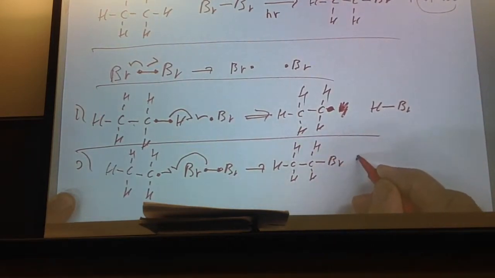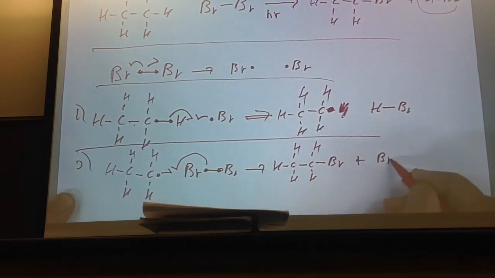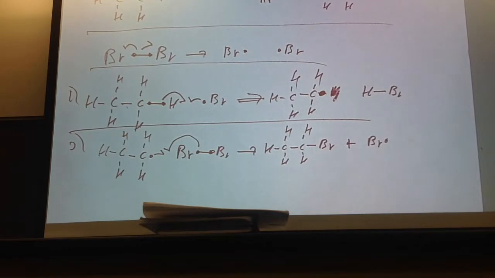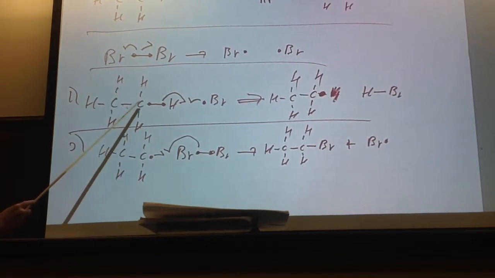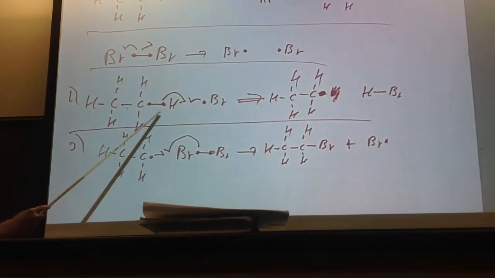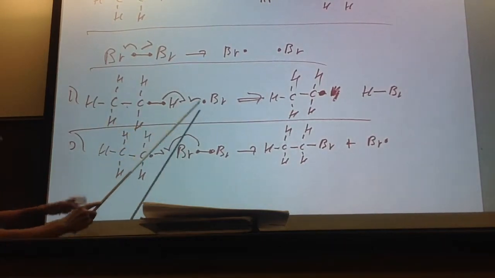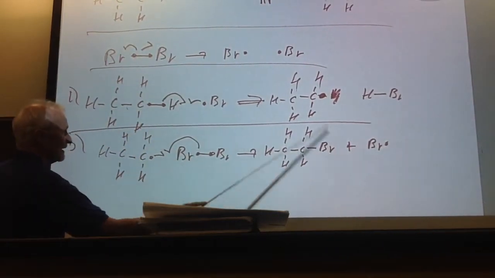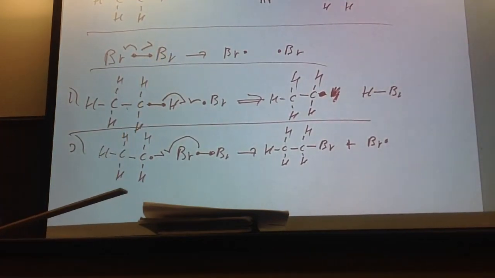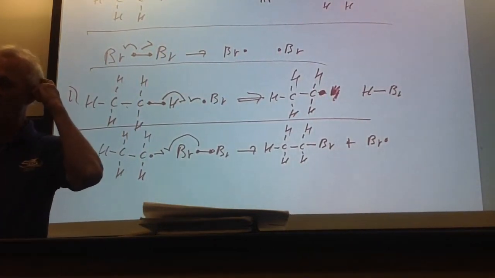And I get another bromine radical, so that can continue the process. Now step 1 can take place, and then step 2. These are called the chain propagating steps. If you add these two elementary steps together, you cancel out species on opposite sides and you get the overall reaction. That's the way mechanisms have to work out.